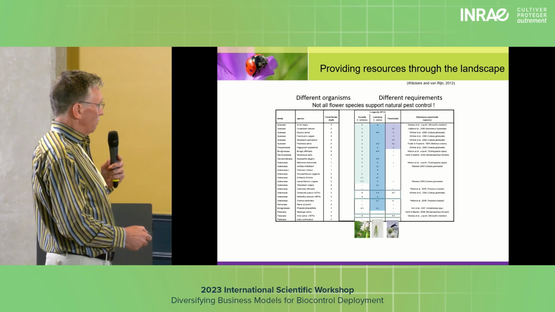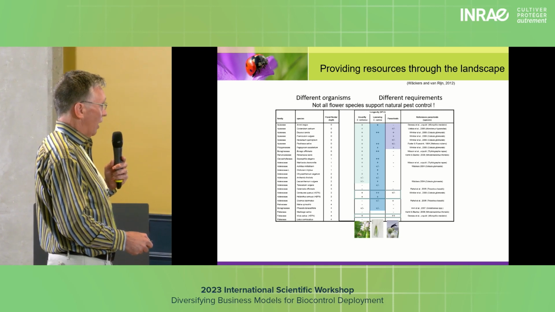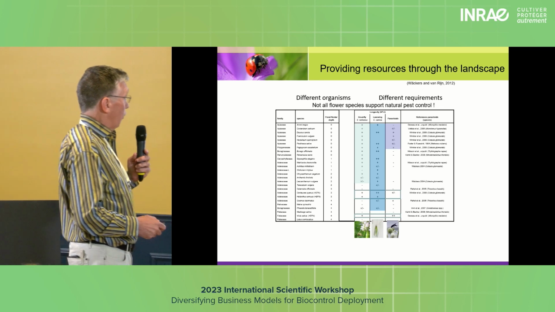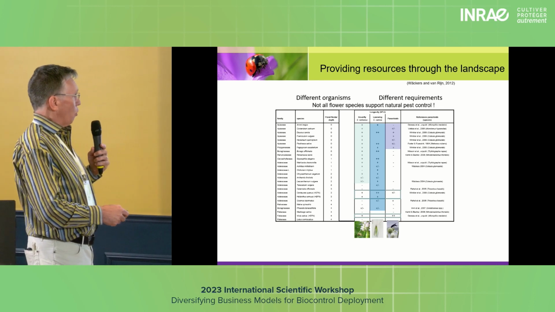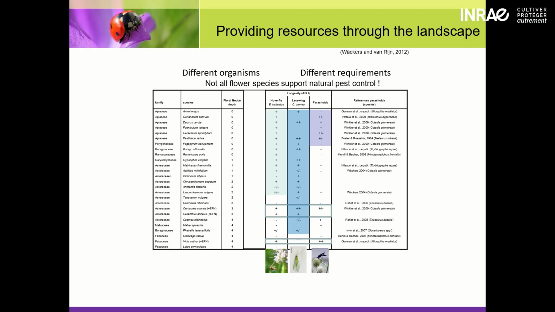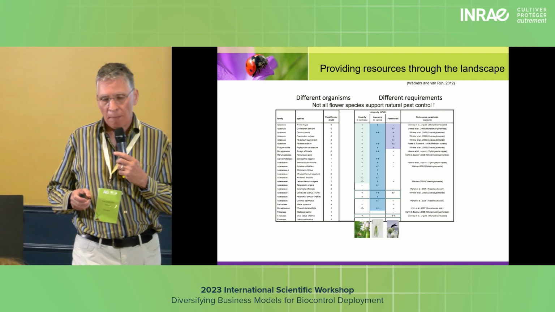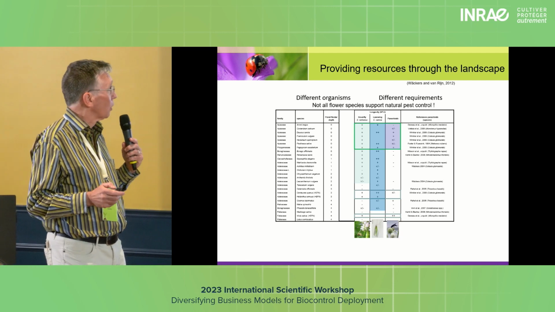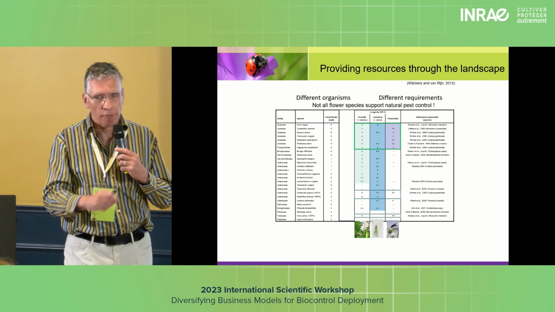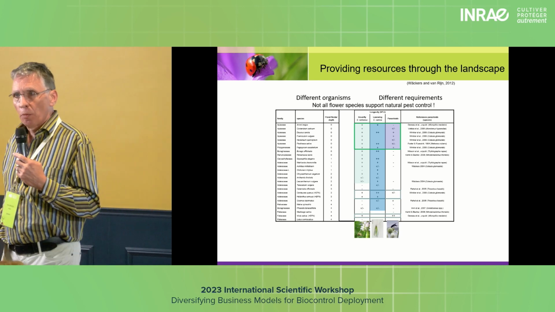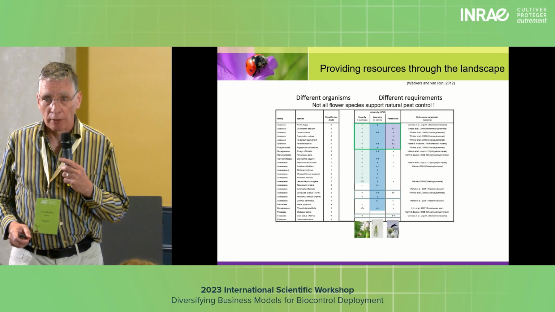And you see that the lacewings can exploit most of the flowering species, less so in the case of the hoverflies, and the parasitic wasps were really dependent on the ones that had the most accessible nectaries. So if you want to create a flower mix for the purpose of stimulating biocontrol, conservation biocontrol, you would actually go and take the flowers on top, which are suitable for all major groups of biocontrol agents.